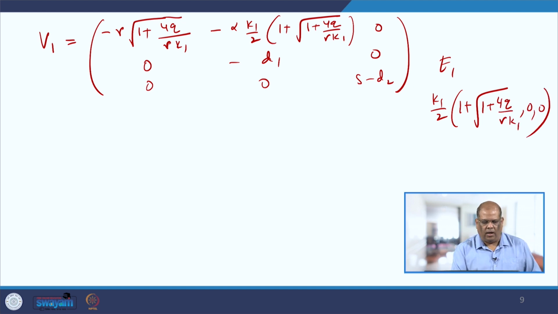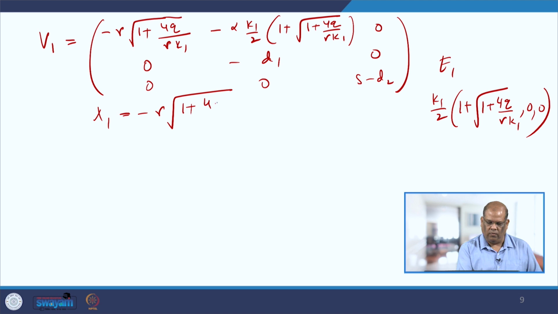If you find the eigenvalues of this particular Jacobian matrix, you will get lambda 1 equal to minus R times root of 1 plus 4Q by RK1, which is less than 0. Lambda 2 is minus D1, and lambda 3 is equal to S minus D2.